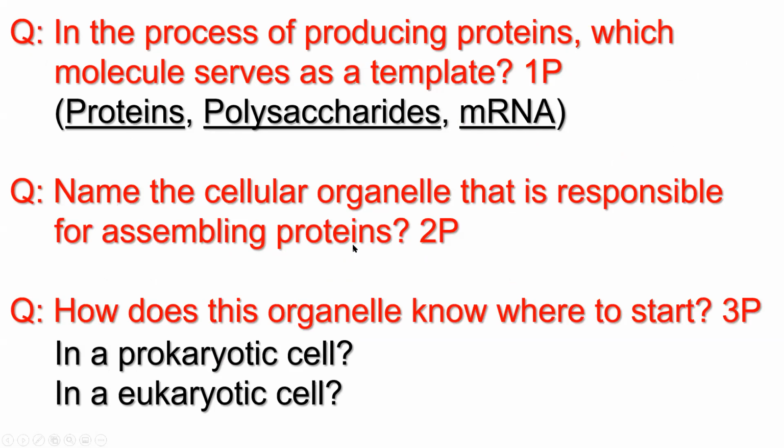Can you tell me the name of the big guy who's doing this process during translation? The ribosome? Absolutely, yes, perfect. Without ribosomes, the process of translation and making proteins is not going to happen.